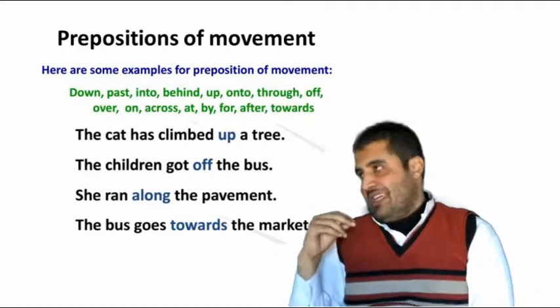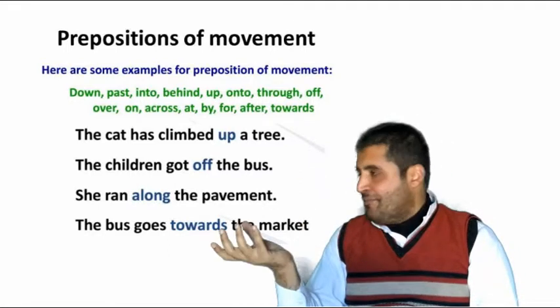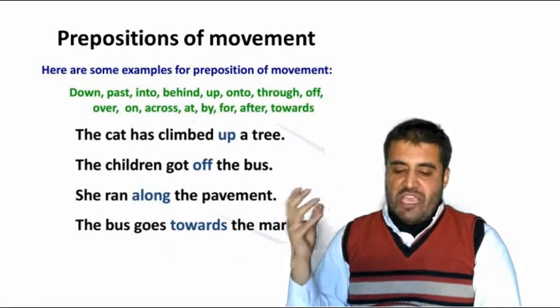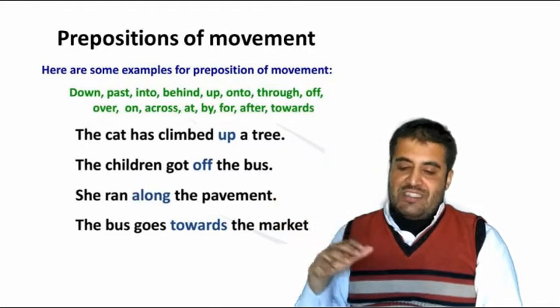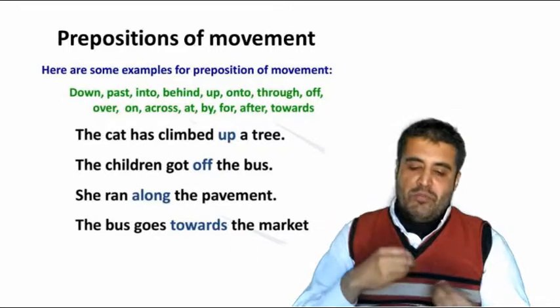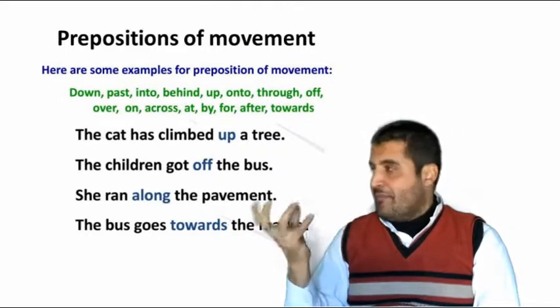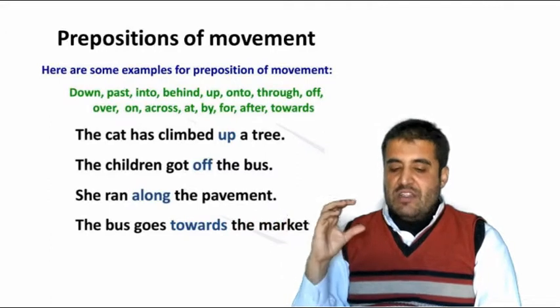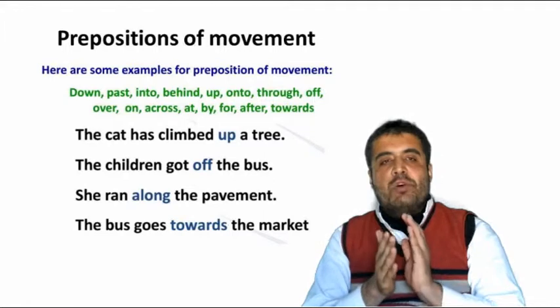The third sentence is: she ran along the pavement. When we say she ran along the pavement, this "along" shows us her running movement, where she ran. Next we have: the bus goes towards the market. It shows the movement of the bus.